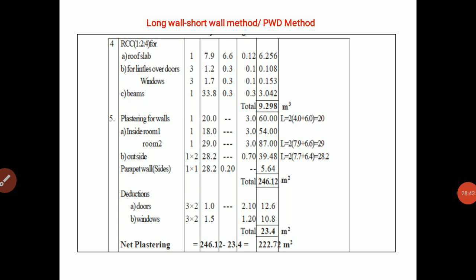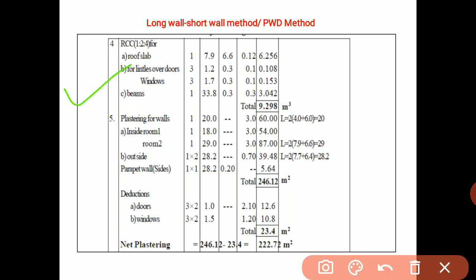Then we'll do RCC 1:2:4 for the roof slab, for lintels over doors and windows, and for beams. Now what is this RCC work for the roof slab? We are going to do this RCC work for the slab, and then for lintels over doors and windows. And beams means what?